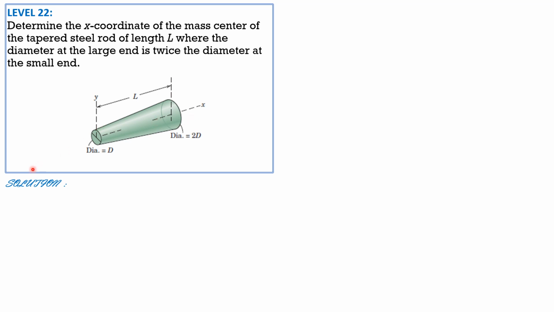If we extend this to form a cone, then because the diameter here is D, let's extend so that we'll have a big cone, then remove this small cone. The length of this cone should be equal to L also, so that L over D equals 2L over 2D, which is L over D. Therefore the length of the extension is also L as shown.